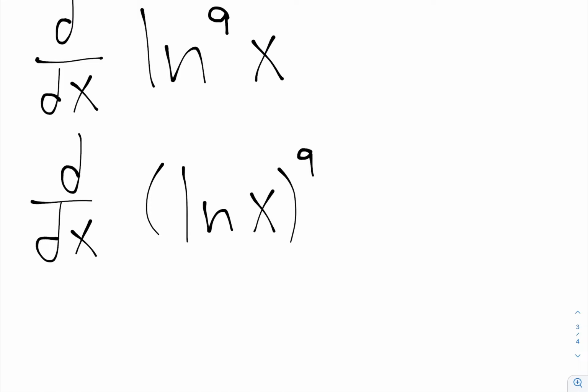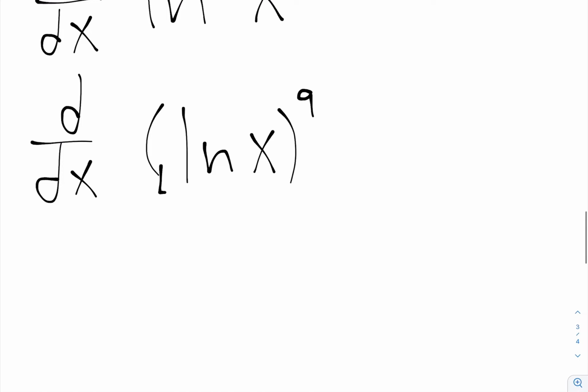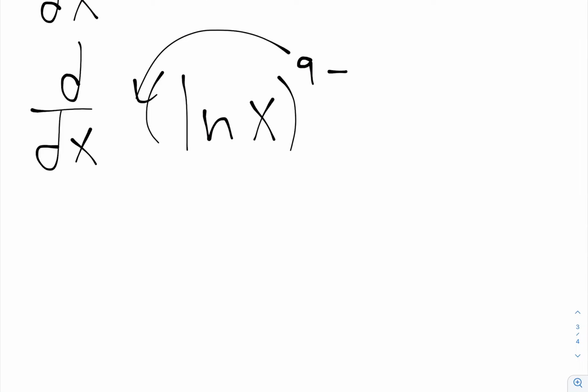Okay, so just like in the last question, if we have something inside brackets raised to the power of something, we're going to treat this ln x, the thing that's on the inside, as one thing. So if ln x was just like x, for example, we would bring this 9 out front and lower the exponent by 1. Okay, so let's do that.